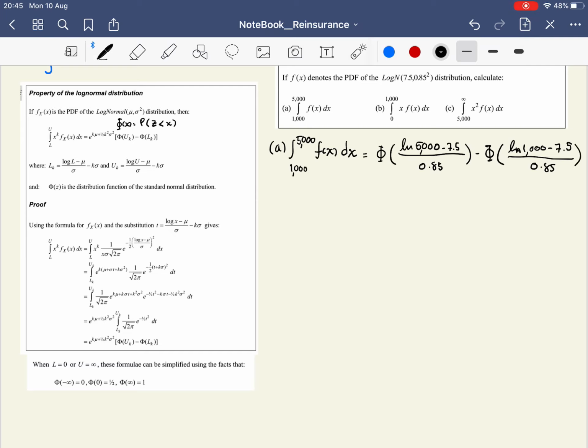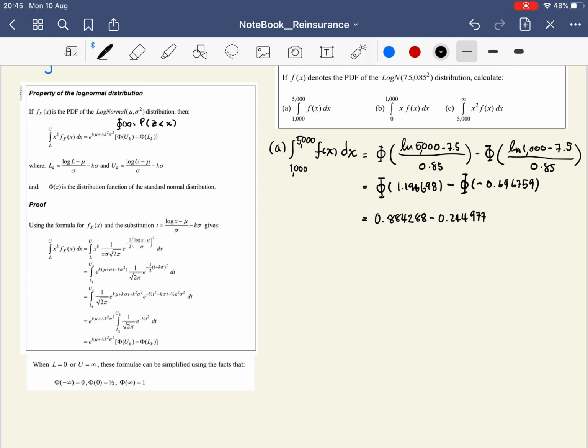Okay, so you just plug in the numbers in parentheses in your calculator. You will have phi of 1.196698, and then take away phi of negative 0.696759, which is 0.884288 take away 0.242977.